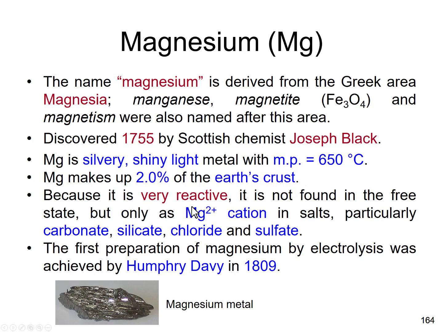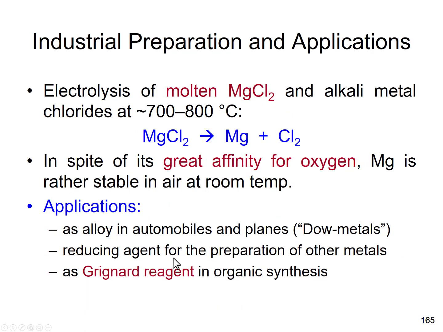Because it's very reactive, it is not found in the free state, but only as magnesium 2+ cation in salts, and particularly in carbonates, silicates, chlorides, and sulfates. The first preparation of magnesium by electrolysis was again achieved by Sir Humphry Davy in 1809. Here you can see a depiction of the shiny magnesium in its elemental form. So how do you make magnesium?